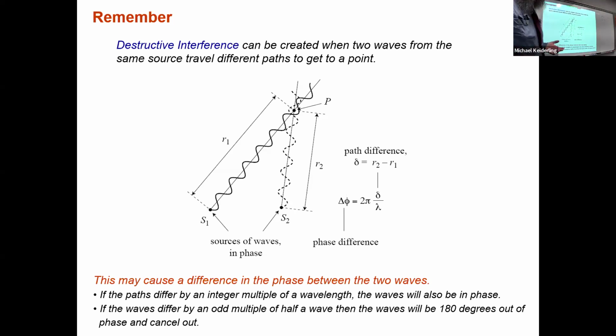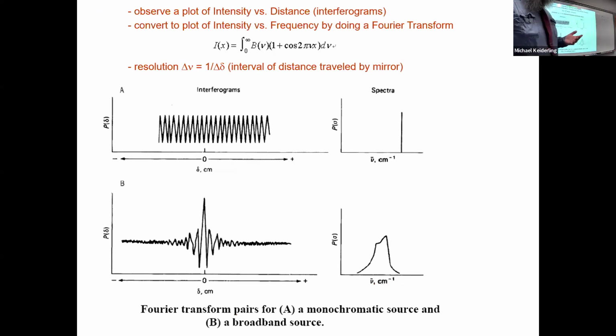And so what you get for any one wavelength, as you move the mirror, is a sine wave that corresponds to that wavelength. So if you have multiple wavelengths, like this, you get multiple sine waves that add up together.